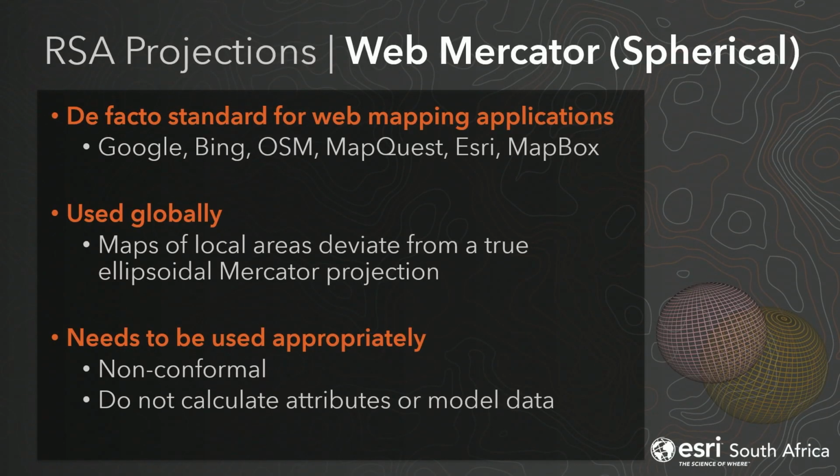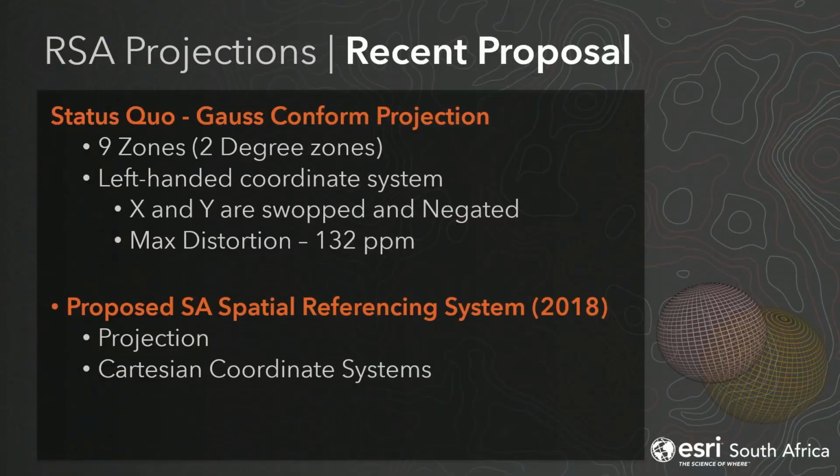But as I touched on at the bottom, it's a non-conformal projection, so be careful and do not calculate attributes. Do not go and measure your distance and your area in Web Mercator, because there's a chance that it's not going to be correct, because it's not conformal across the whole globe. So use it for visualization, use it for rendering, but if you're trying to calculate those areas, do it in the correct projection system. Just something to be aware of.